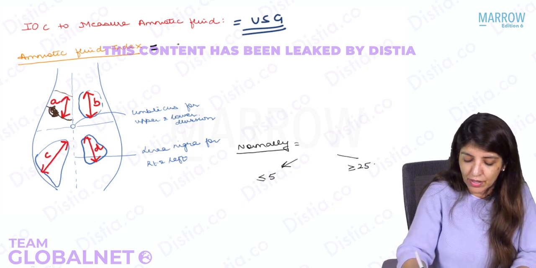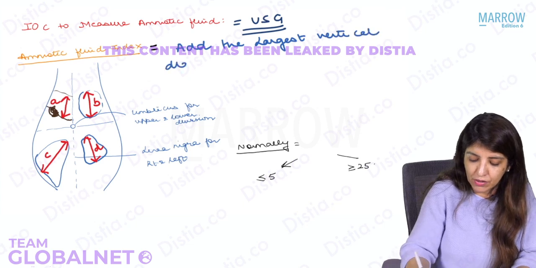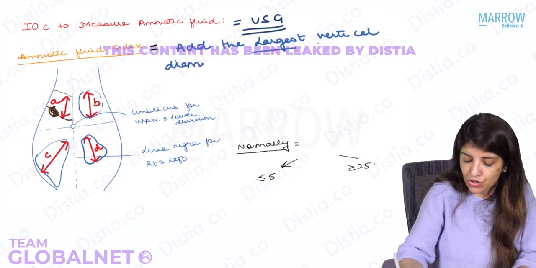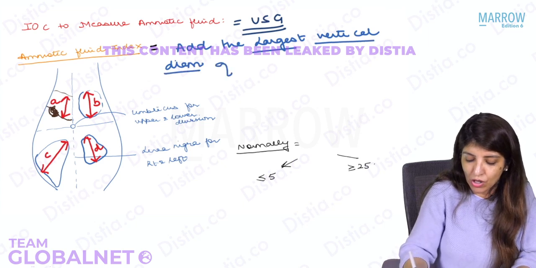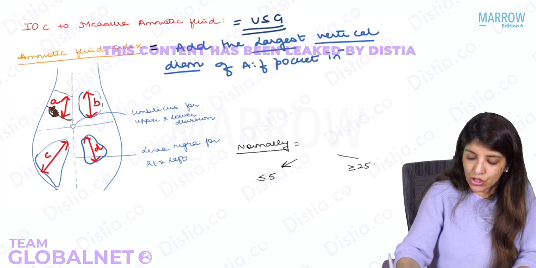You should add the largest vertical diameter of the amniotic fluid pocket in each quadrant.